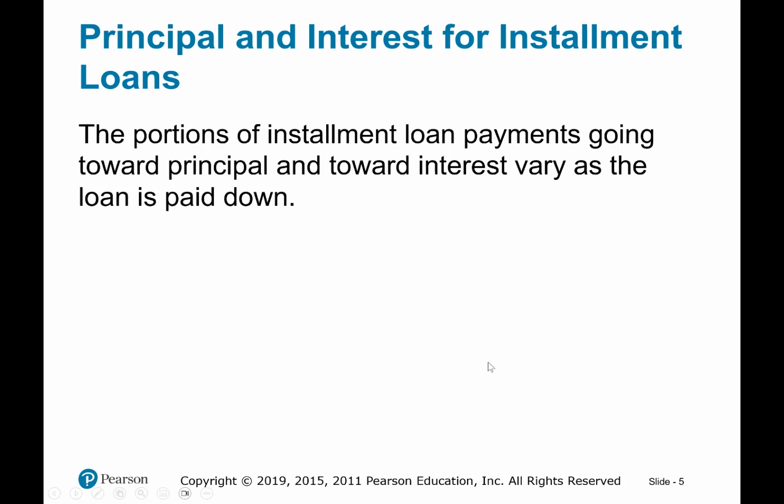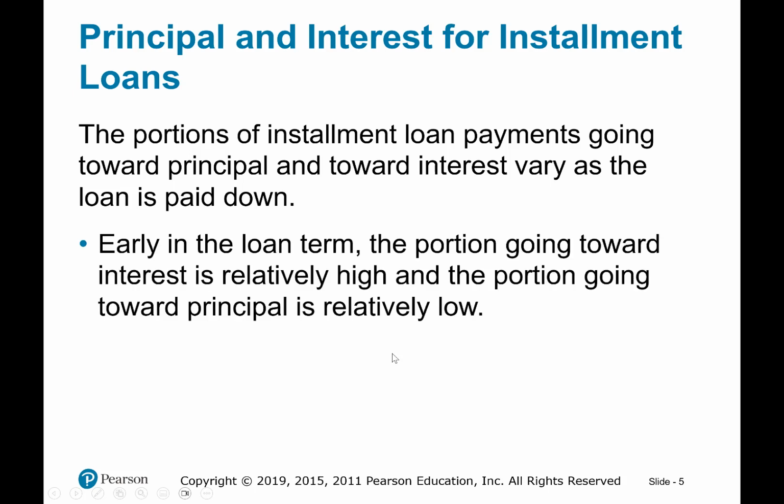In the beginning, very little is going towards principal. Then as you pay down the loan, a higher and higher proportion of your payment goes to principal, as opposed to just going towards interest. This is what we mean by an amortized loan.